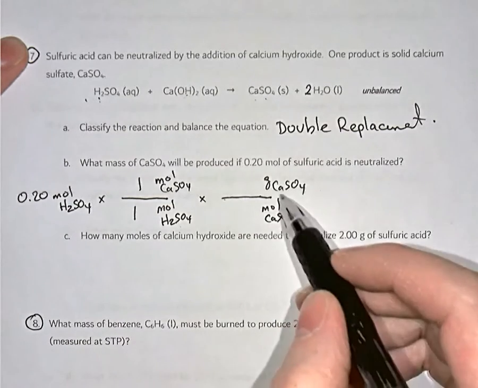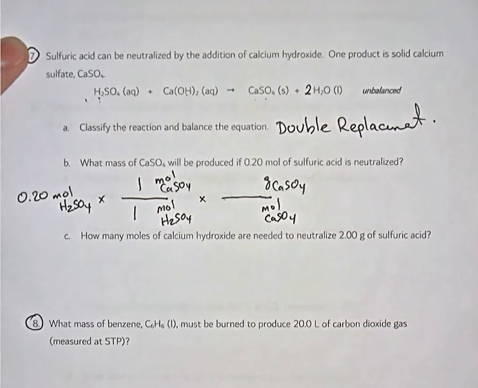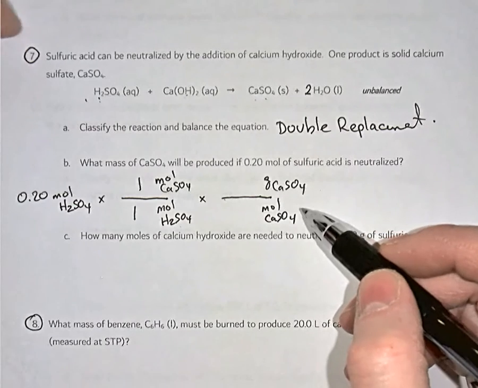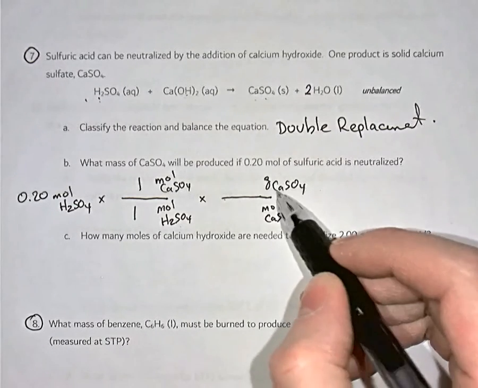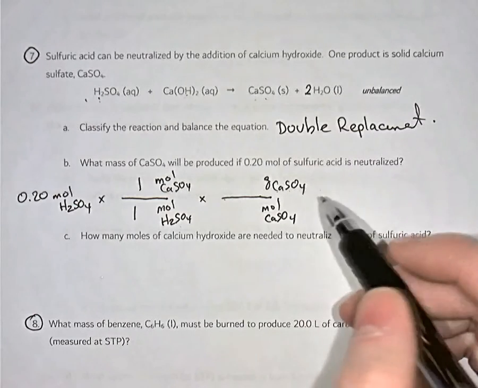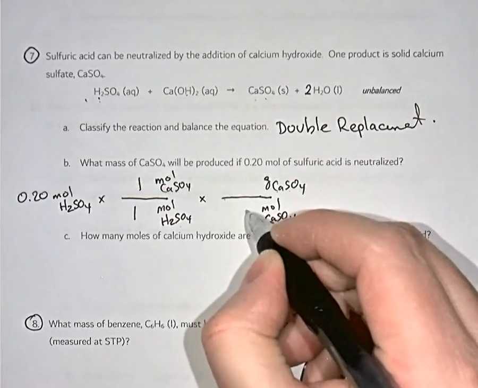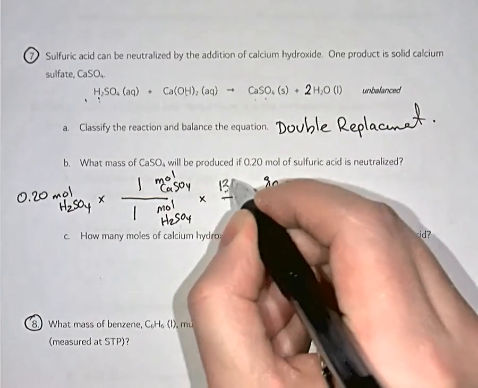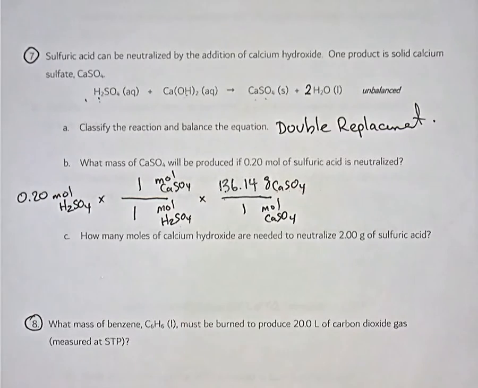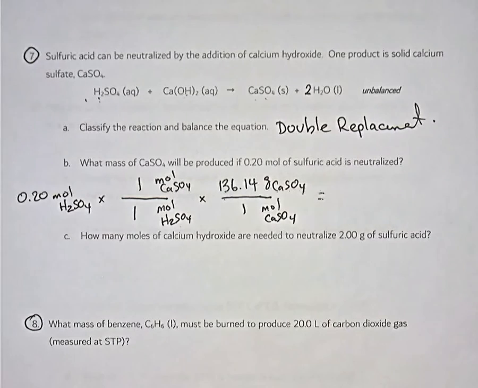The second multiplier, moles and grams, or grams and moles, that's a molar mass. So in this case, the molar mass of calcium sulfate, we look on a periodic table, we look up calcium, sulfur, and oxygen, and we have 4 O's, 1 sulfur, 1 calcium. We add that up, we find that 1 mole of calcium sulfate weighs 136.14 grams.